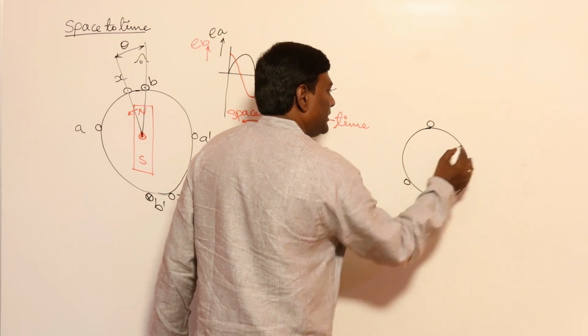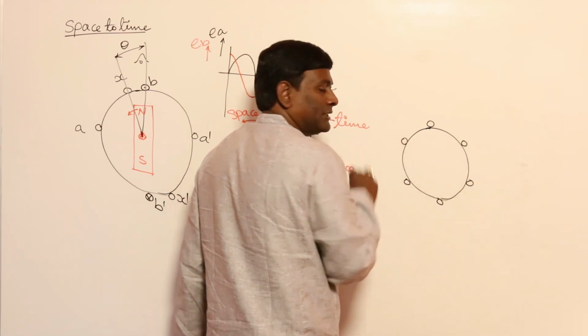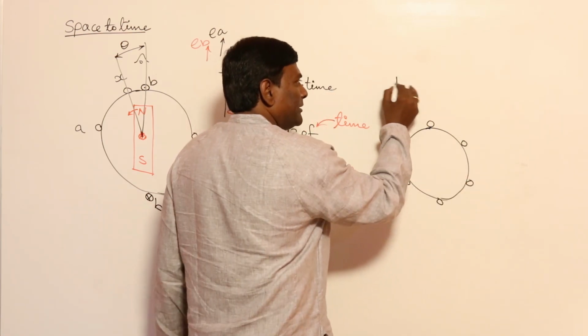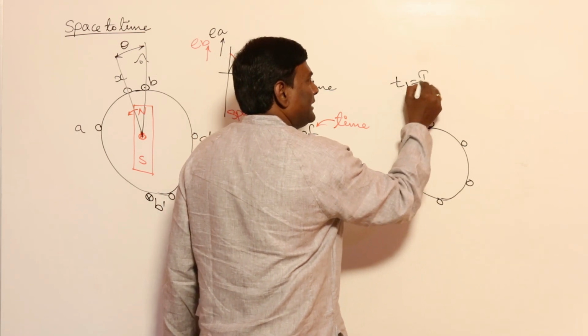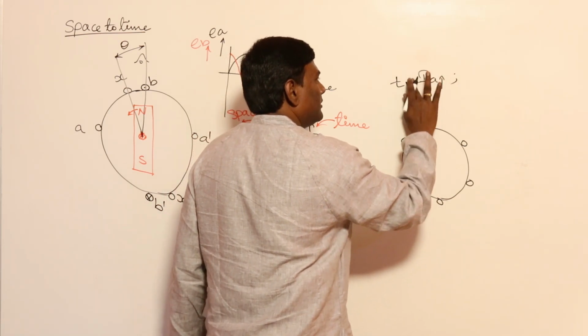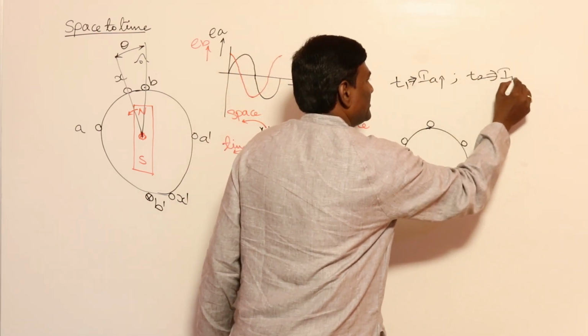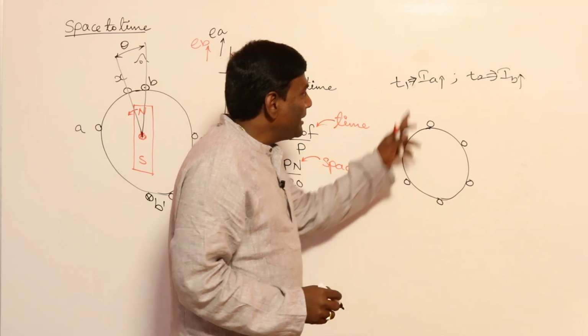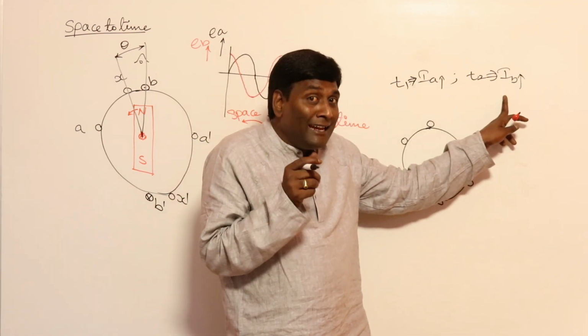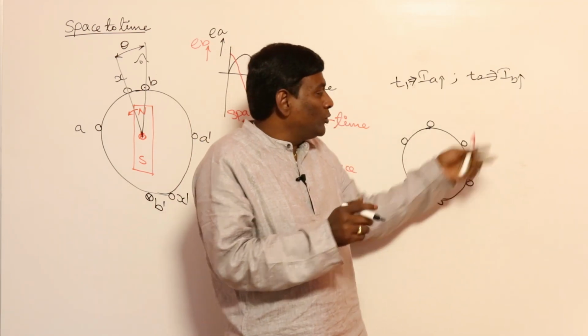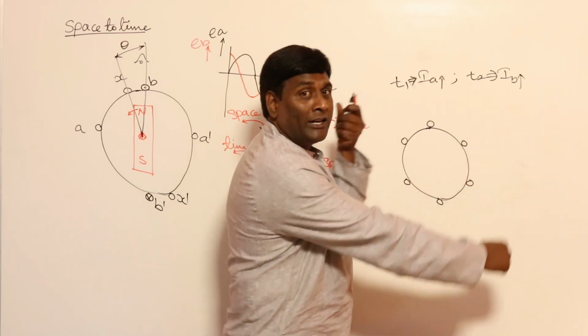A dash, B dash, C dash. In our previous session we considered IA maximum at T1, and at T2 it became IB maximum. Now from IA maximum to IB maximum, what is the angle in time? 120 degrees. So in space my MMF is rotated by 120 degrees.